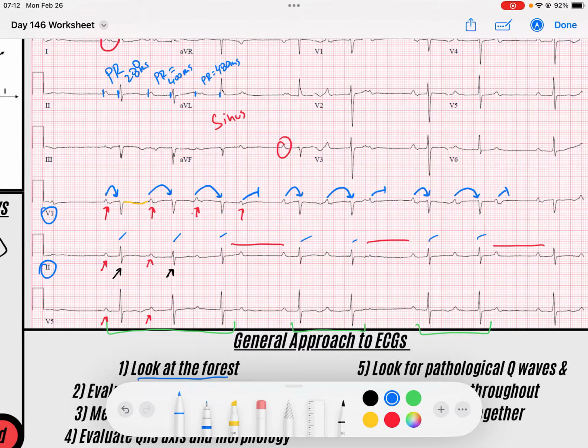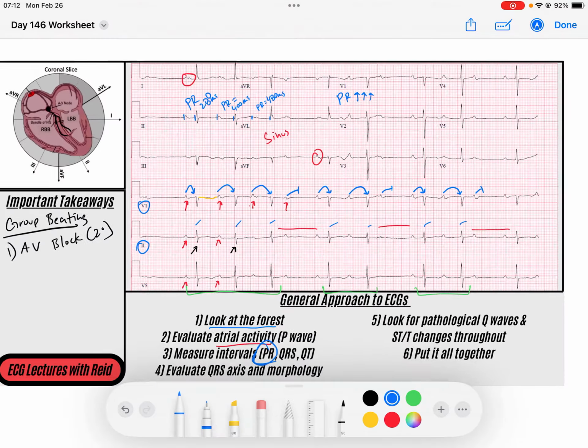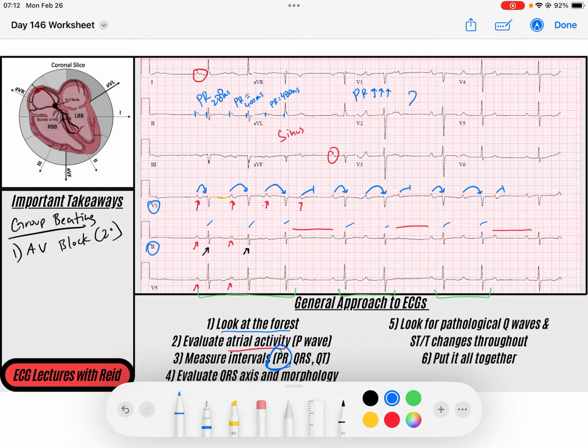So when the PR interval is increasing, increasing, increasing, what type of block is that? Well, we know that it's a second degree because not all P waves are conducting to the ventricles. And because the PR interval is increasing before it drops, this is a type 1, or Wenckebach, or Mobitz 1. So, second degree type 1 AV block.